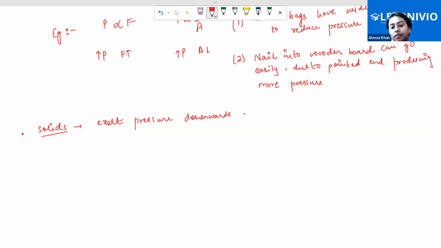Due to more weight. Okay. If the thing is denser than the medium, what will happen? It will float or sink? It will sink. Similar case you can apply here. Due to the more weight, solids apply pressure in the downward direction.